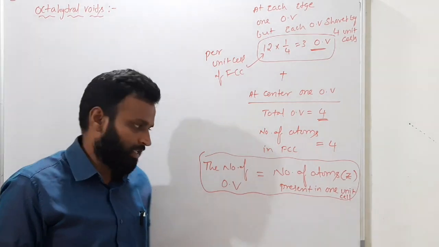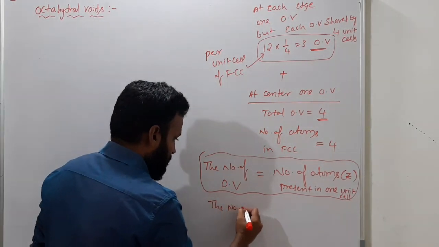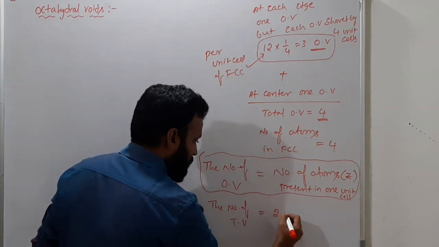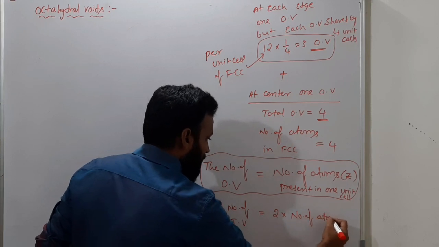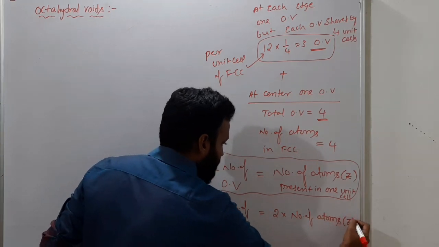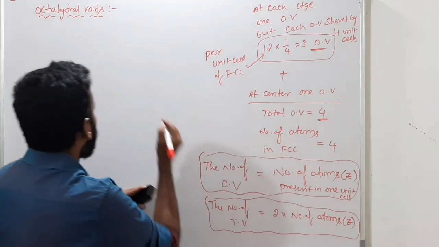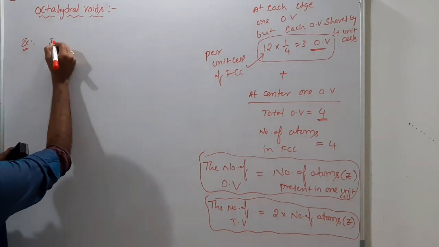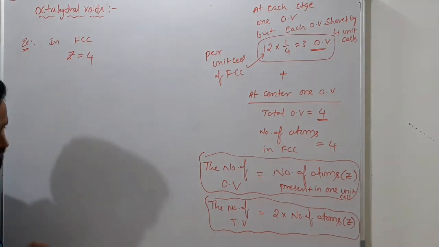This is very important. In the same way, yesterday I gave that the number of tetrahedral voids is 2 into the number of atoms, 2 into the effective number of atoms Z for every particular unit cell. For example, in FCC, Z is 4.